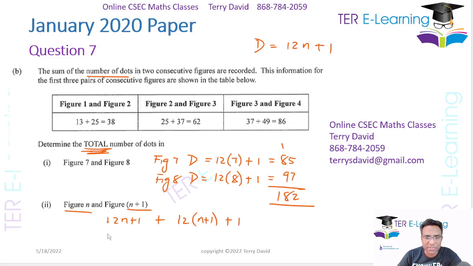So this is going to be 12n plus 1 plus 12n plus 12 plus 1. And that's going to give me 12 and 12 is 24n. And we have 1 plus 12, that's 13, and 1 is 14. So I'm getting 24n plus 14. So that's my answer there. This is a very easy investigation question.